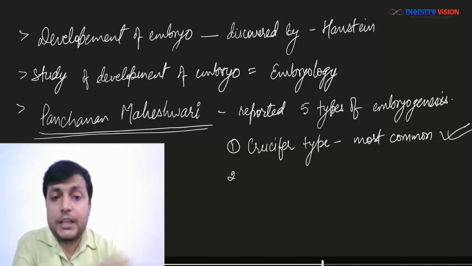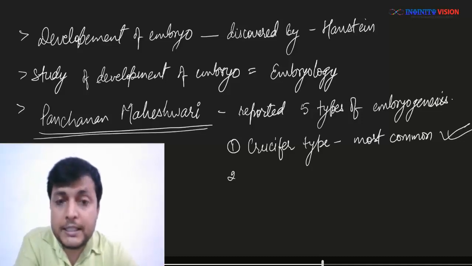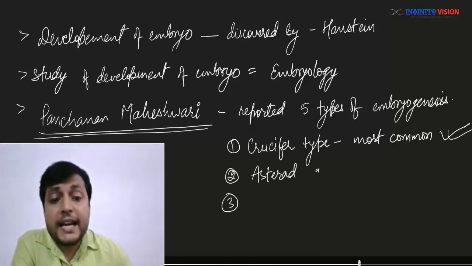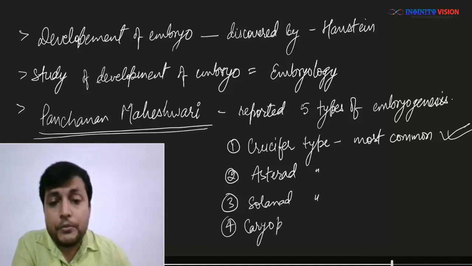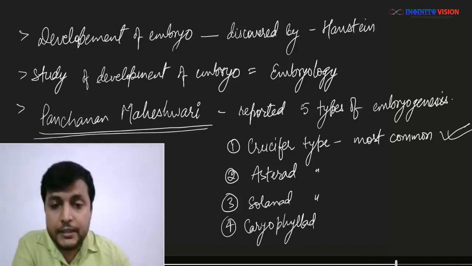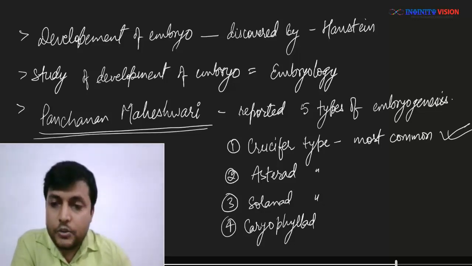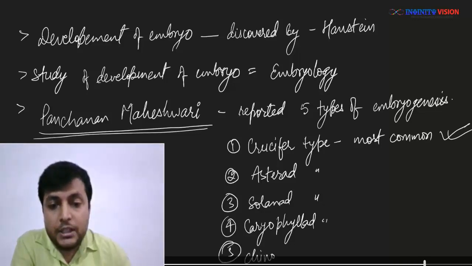Whatever we have studied about dicot embryogenesis was actually crucifer type embryogenesis. Apart from that, there are 4 others. The second one is called the asterad type, the third is the solanad type, the fourth is the caryophyllad type, and the fifth is the chenopodiad type.